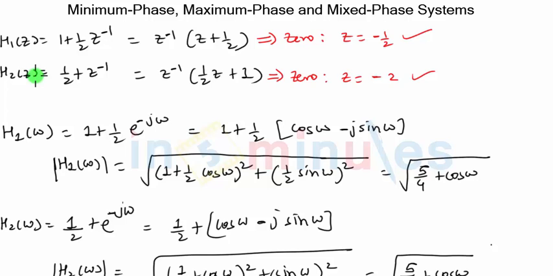So that's the conclusion. Whenever you are given an FIR system, you have to find the zeros. If all the zeros are inside the unit circle, the system is called a minimum phase system. If all the zeros are outside the unit circle, the system is called a maximum phase system. Now, it may happen that some zeros are inside the unit circle and the remaining zeros are outside the unit circle. In such a case, the system will be called a mixed phase system.